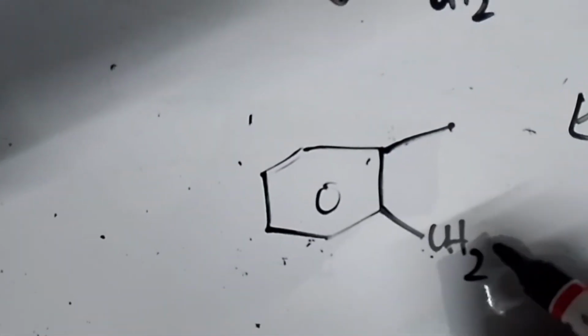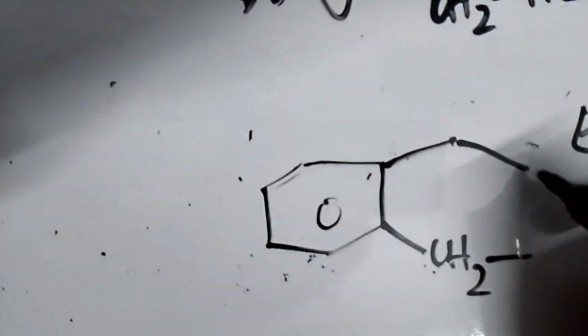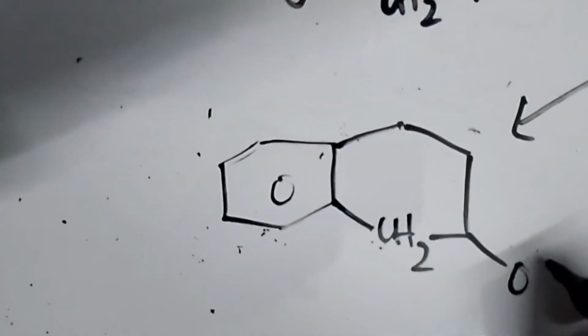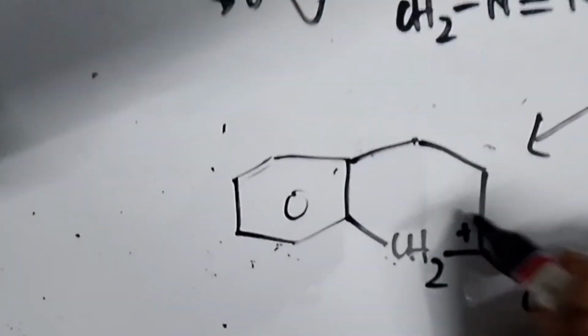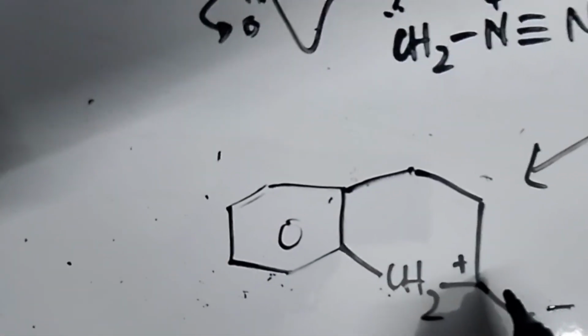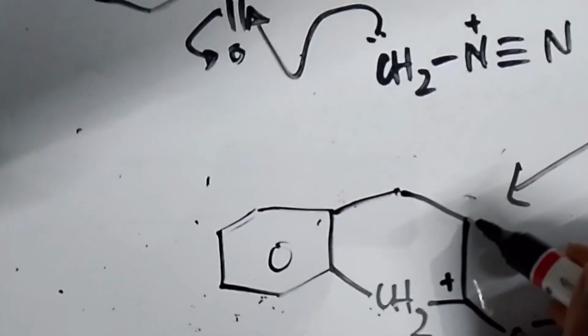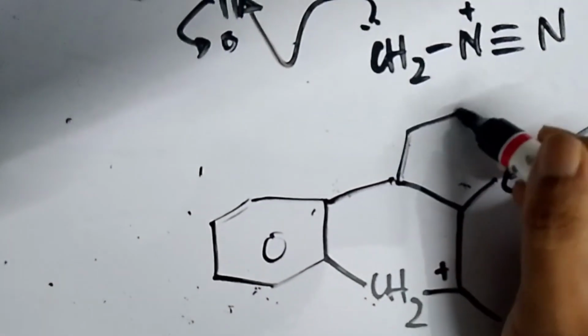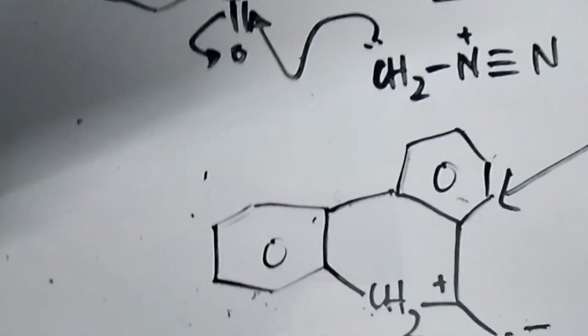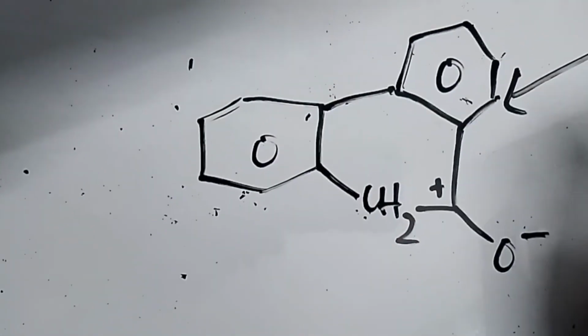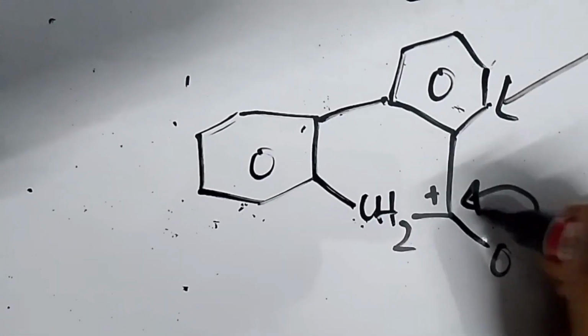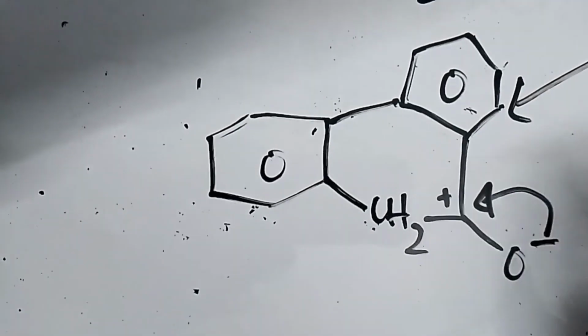This is CH2. We got O minus here. We have got a plus because this bond rearranged to this CH2 bond, and we have here the benzene ring. So this is a scenario so far, and this minus can back bond to form a C=O bond.